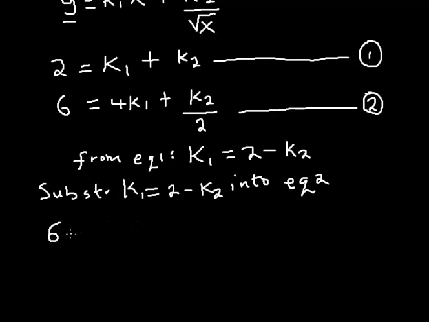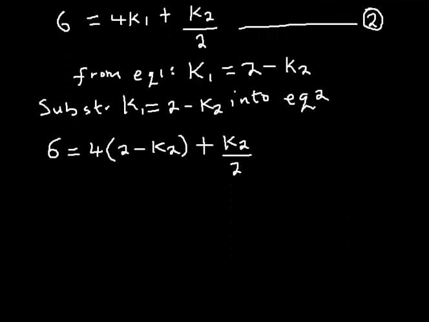So equation 2 is 6 equal to 4k1, which we've already established to be 2 minus k2, then plus k2, then divided by 2. All right, so I need to now find k2. Now how do I do that? I have to multiply through by 2.